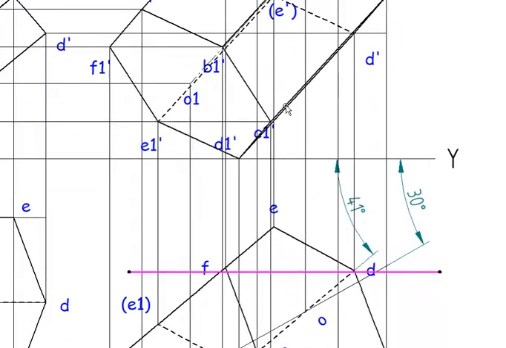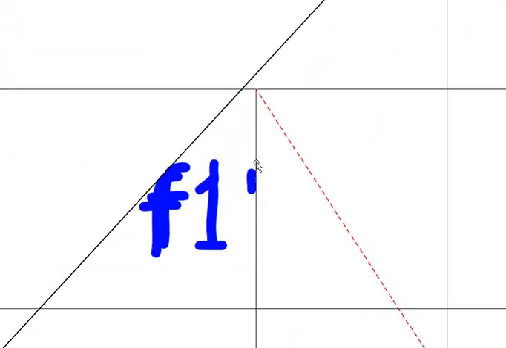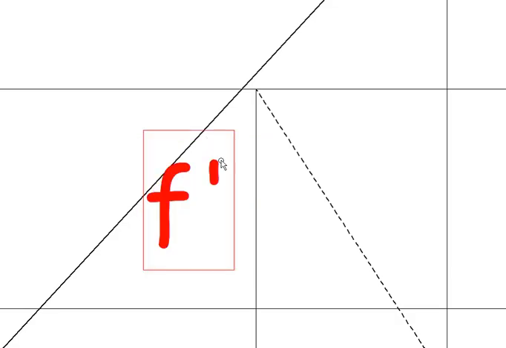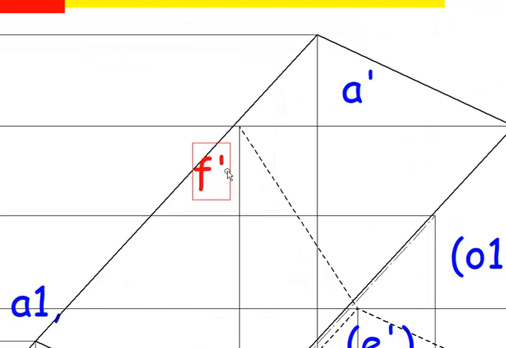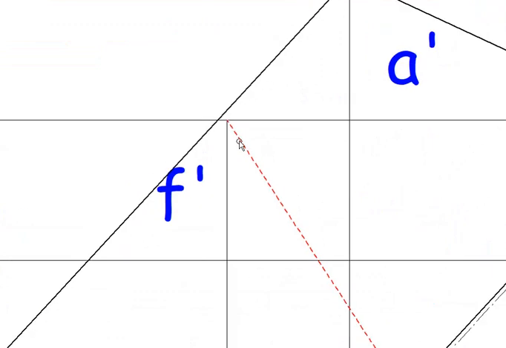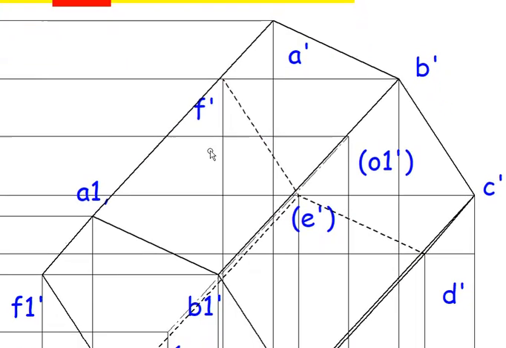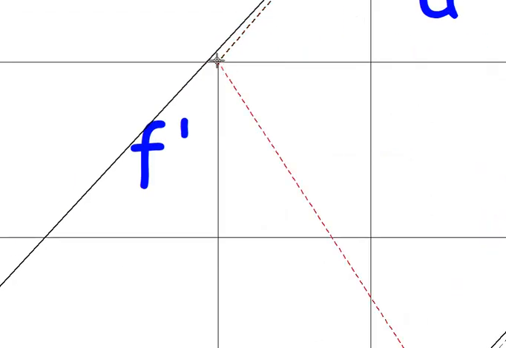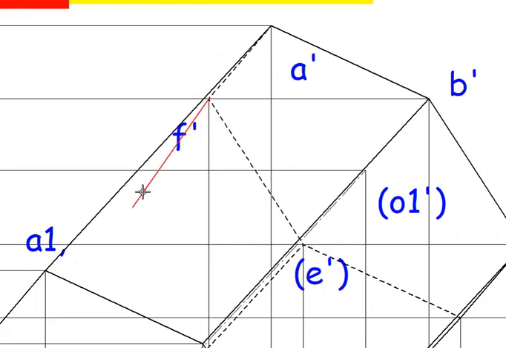Similarly, the next point is F1 dash. F dash to E dash is hidden lines, remaining F dash to A dash is thick dotted lines, F to F1 is hidden lines.